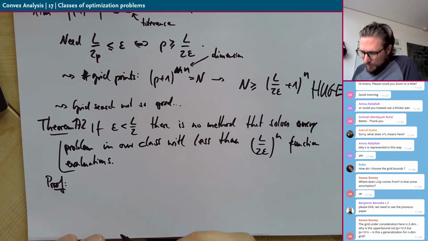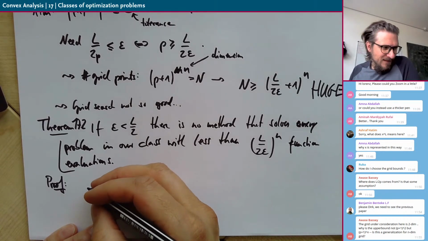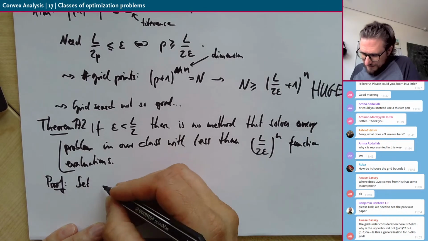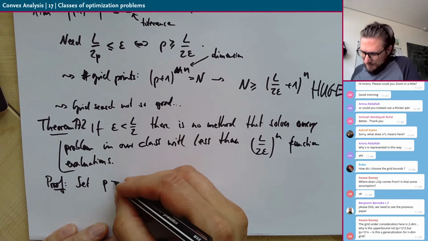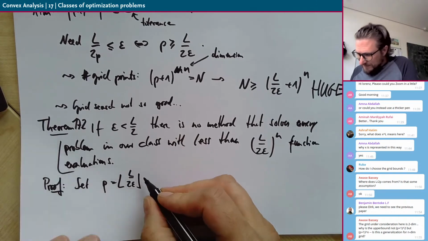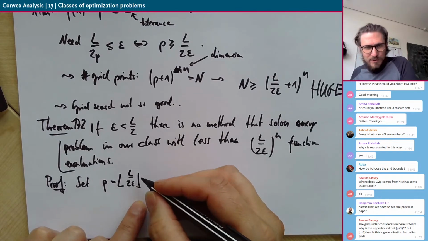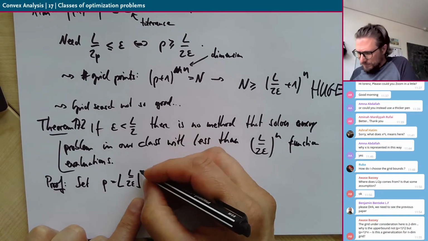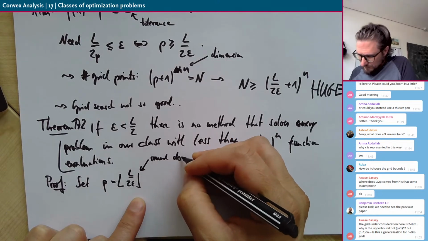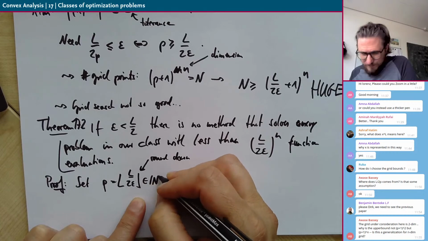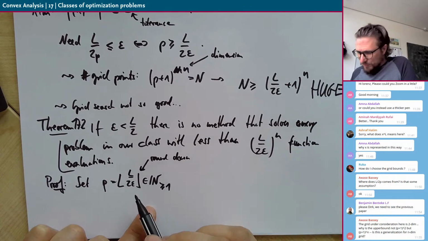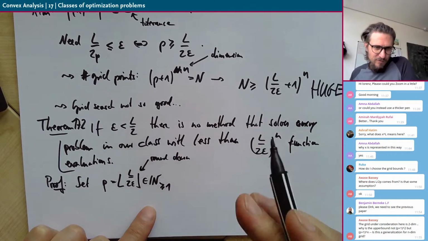Okay, so what we do is, we set P as the floor of L over 2 epsilon, where these brackets mean we round it down. So this is then a natural number, and larger or equal to 1, because we assumed epsilon is smaller than L over 2 anyway.